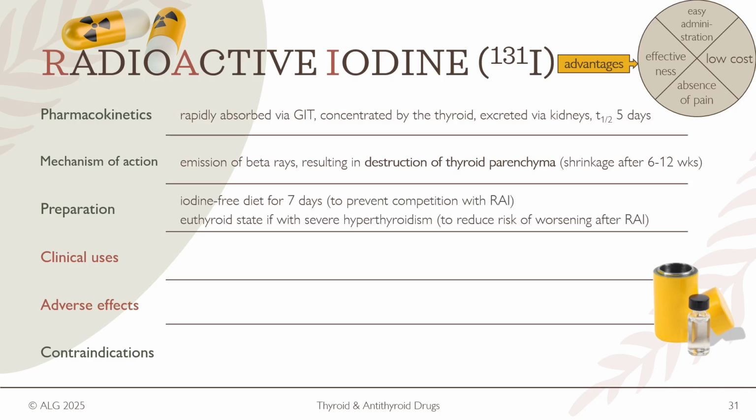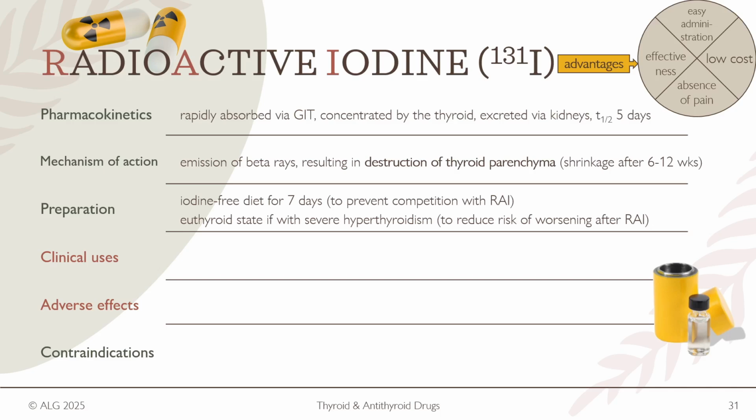Patients should prepare by being on an iodine-free diet for 7 days to maximize RAI uptake and prevent dietary iodine from competing with RAI. Ideally, patients with severe hyperthyroidism or cardiac patients should be euthyroid before RAI because RAI can cause transient thyrotoxicosis due to the leakage of stored hormones after destruction of thyroid parenchyma.